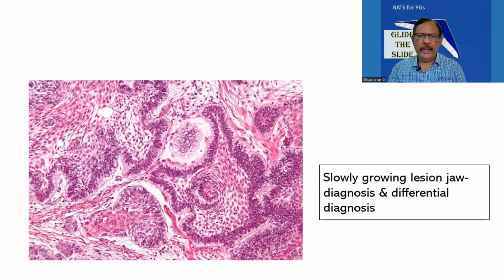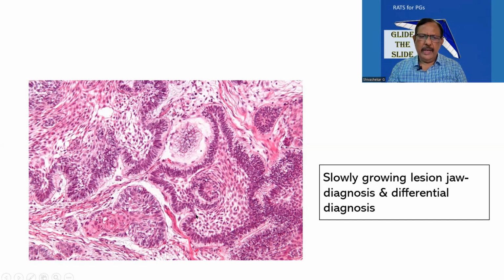Before I go into the diagnosis proper, always have a tendency to describe. Now, this is obviously a tumor. There is no normal tissue. And the tumor is composed of multiple islands. Some are small, some are large. In some areas, I find that they are anastomosing. Also, I could make out two components in each of them.